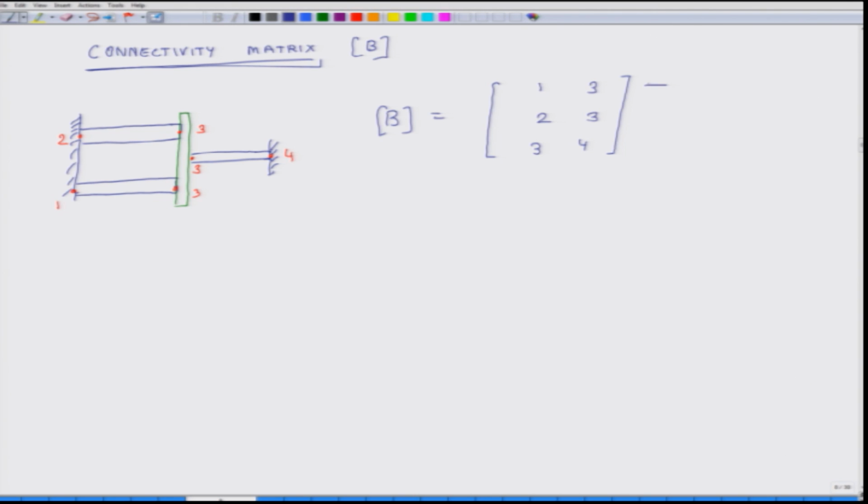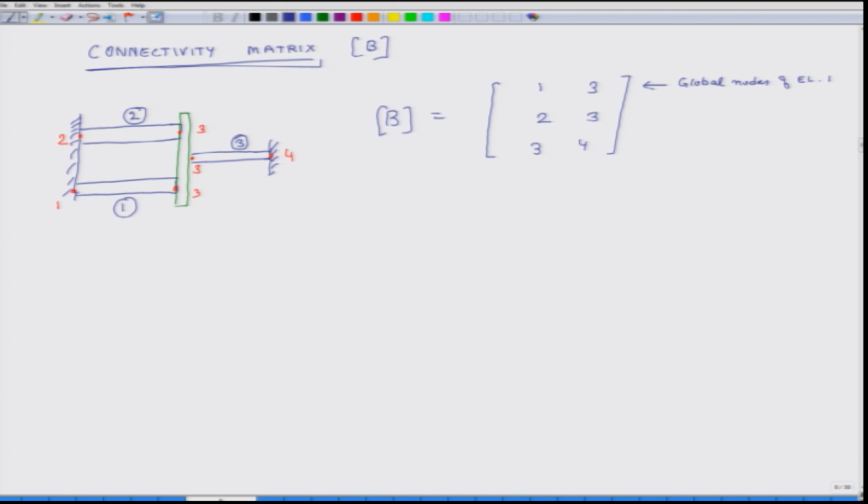The first row of this matrix represents the global nodes of element 1. I should label my elements: this is element number 1, this is element number 2, and this is element number 3.